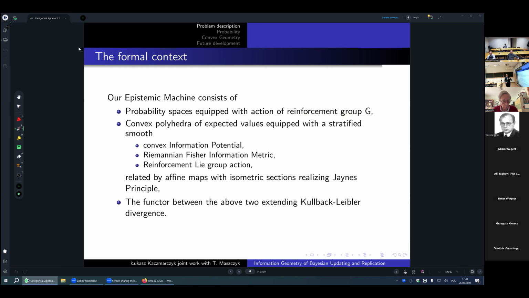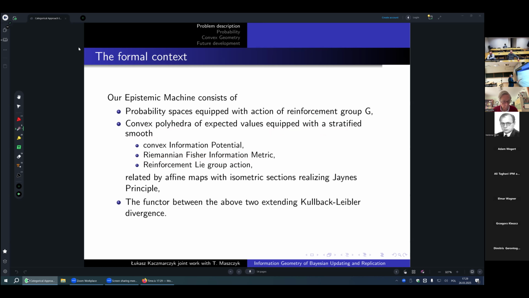Then when we go into the realm of purely convex spaces that are not related with probability spaces directly, we would jump to convex geometry. And for this geometry to make sense for us, we will today only talk about the convex polyhedron that will be equipped with a stratified and smooth Riemannian metric that is related to information.